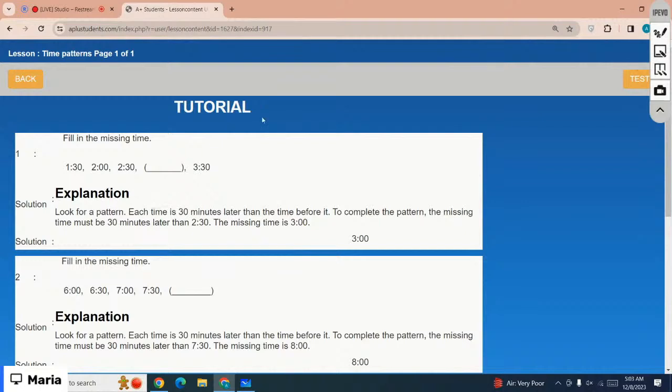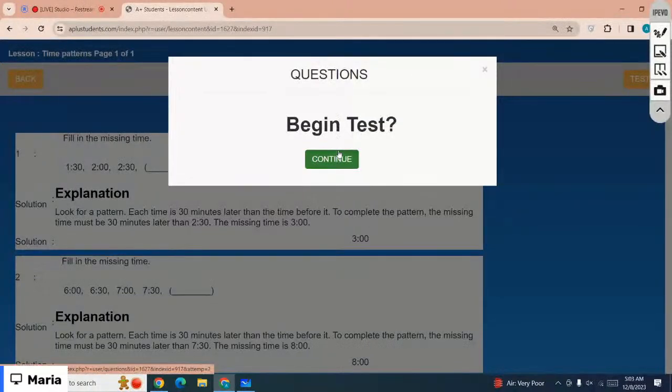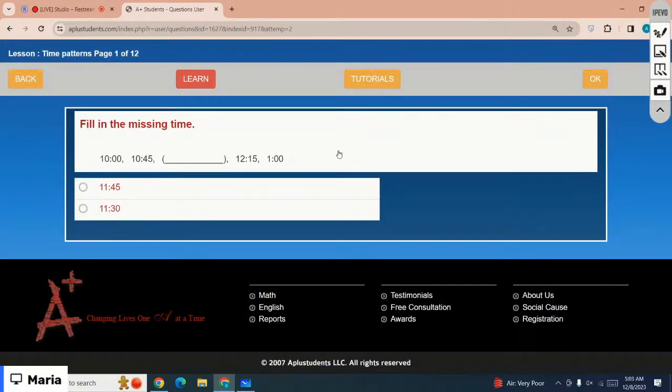Let's start with the test questions. Okay, fill in the missing time, right? You need to calculate the missing time. You have 10, then you have 10:45, then the missing time, then you have 12:15.